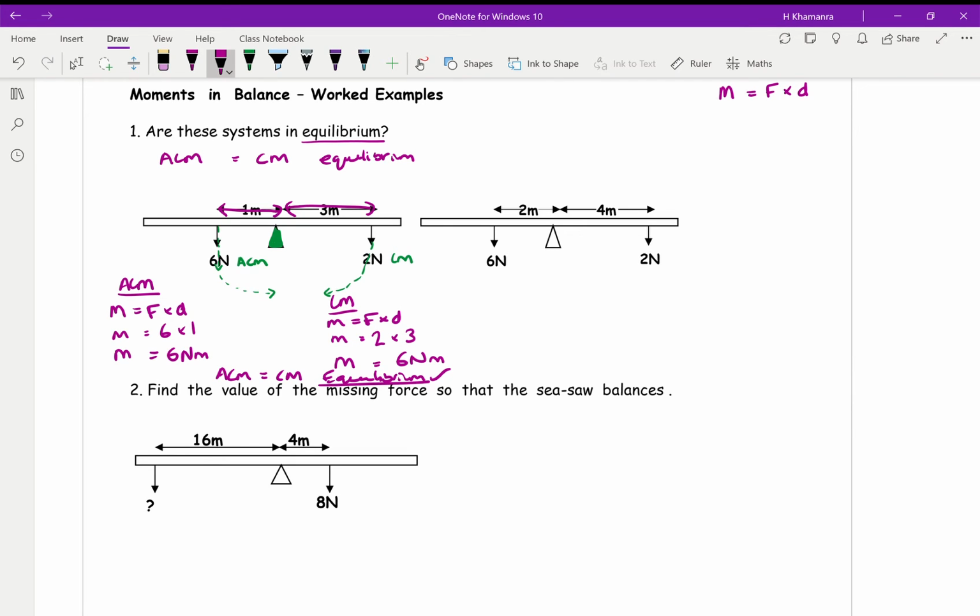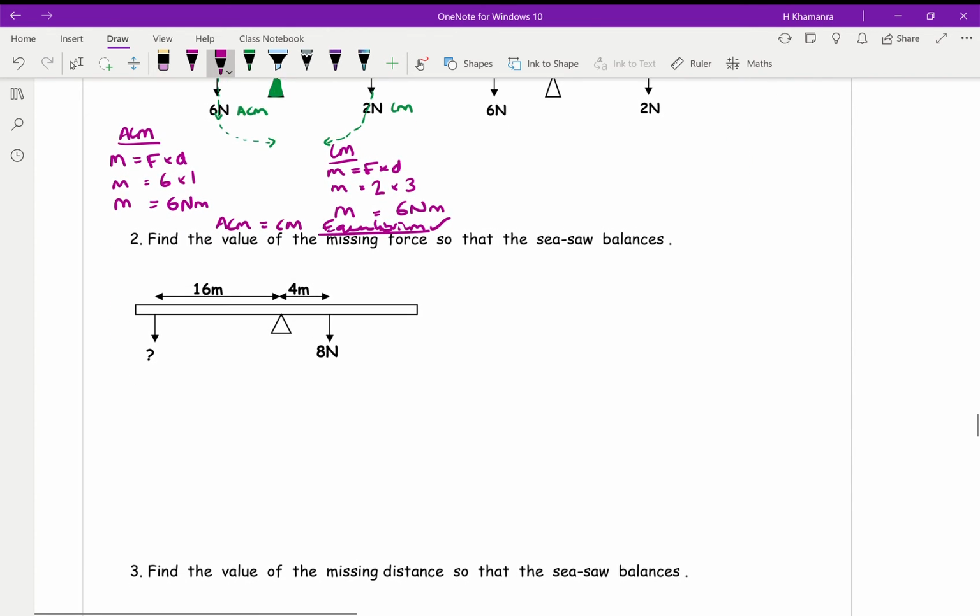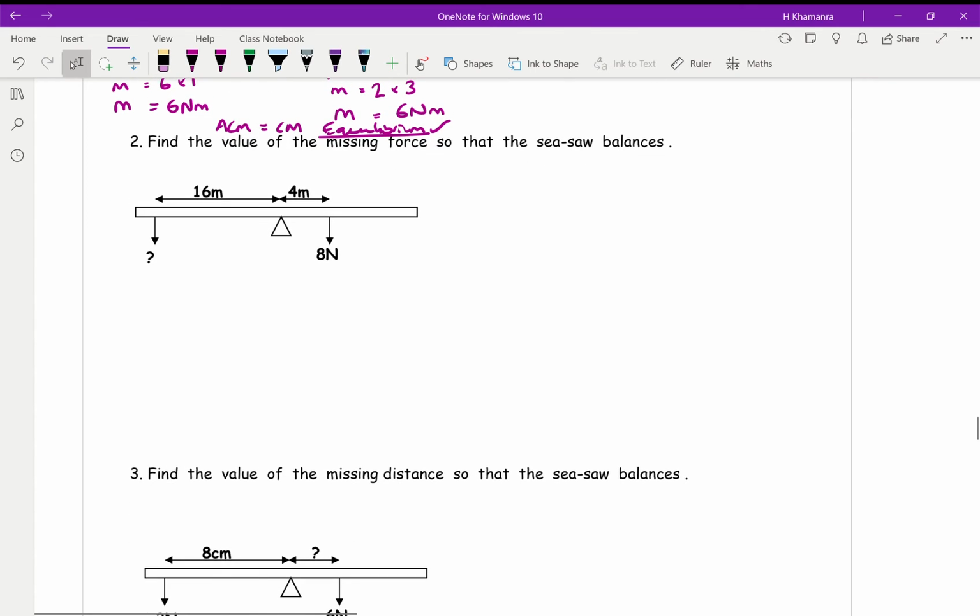Okay, you have a go at this question here. Question 2: find the value of the missing force so that the seesaw balances. Once again, when the system is balanced, the anti-clockwise moment must be equal to the clockwise moment. And if I write that down, I have 1 mark.